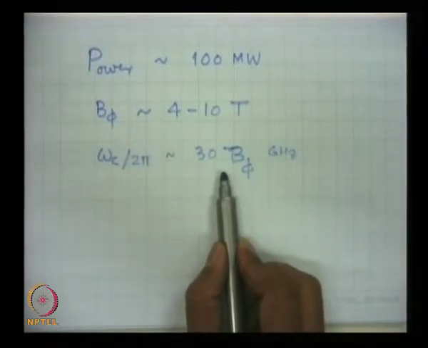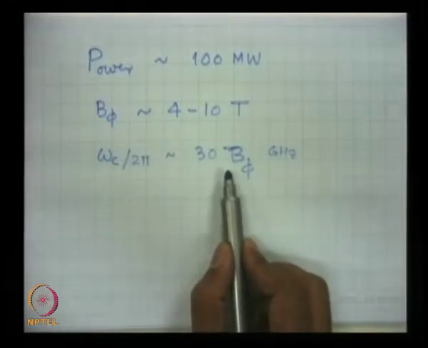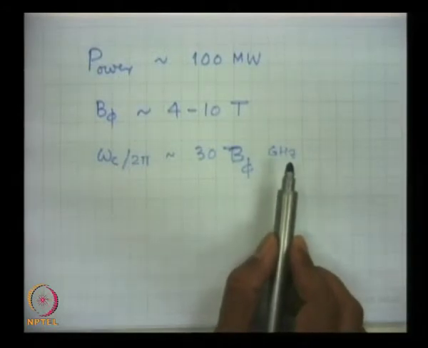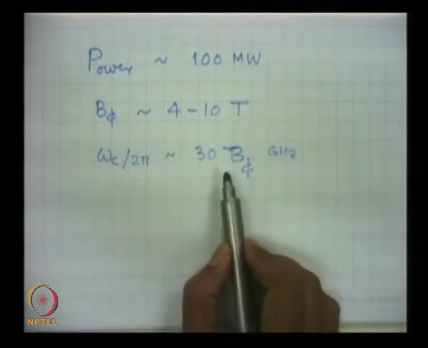1/4 centimeter wavelength. Conventional klystrons and magnetrons do not operate at those high frequencies. Even a travelling wave tube does not operate. So, one has to go for the gyrotron.